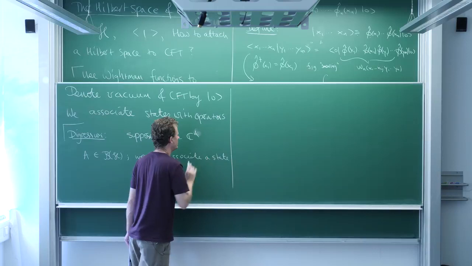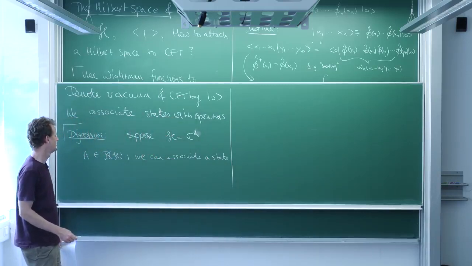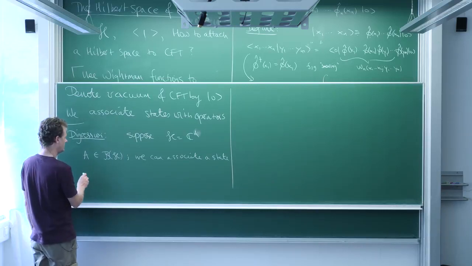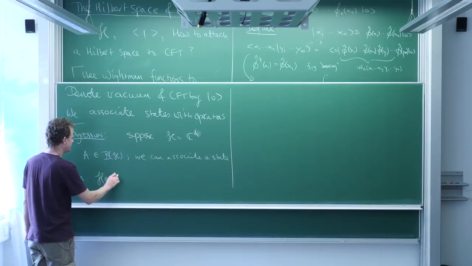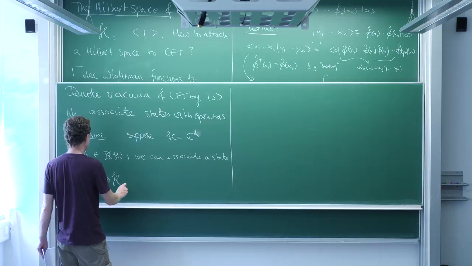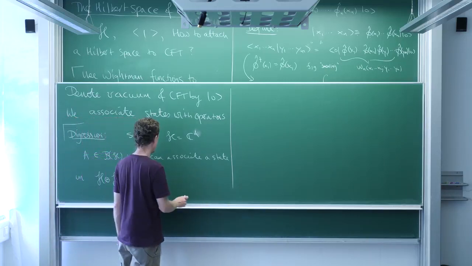And there's a well-known device to building a quantum state associated with this operator. What we do is we have to double our Hilbert space, as follows.